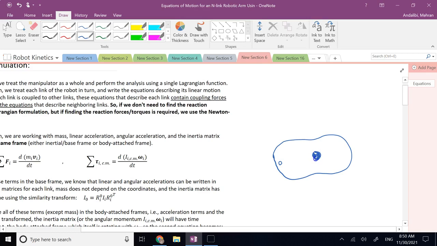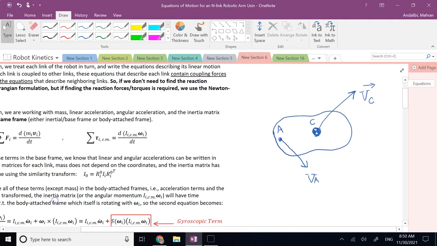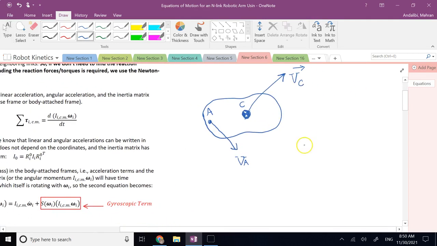This one point on the rigid body, I might call it point A, and the centroid, I call it point C. If I know the velocity of point A, so if I call this V of A, and the velocity of centroid is this one, V of C, I can relate V of C to V of A based on what we have learned in dynamics.